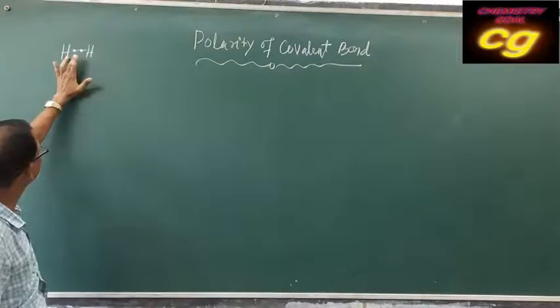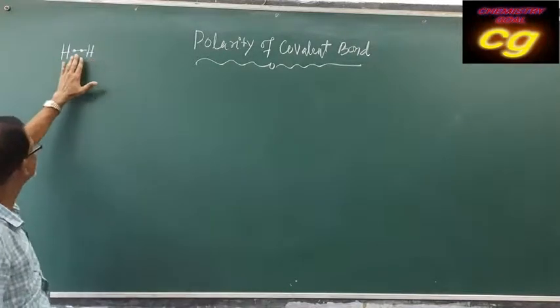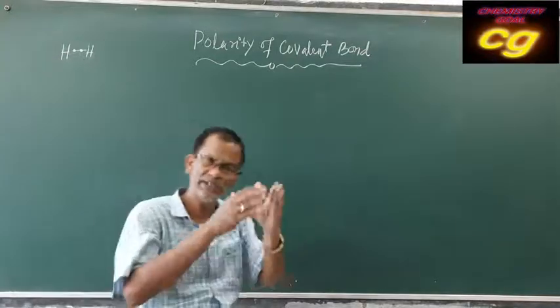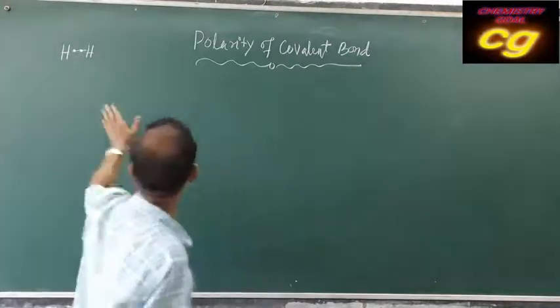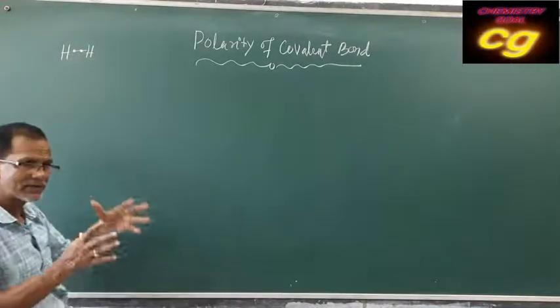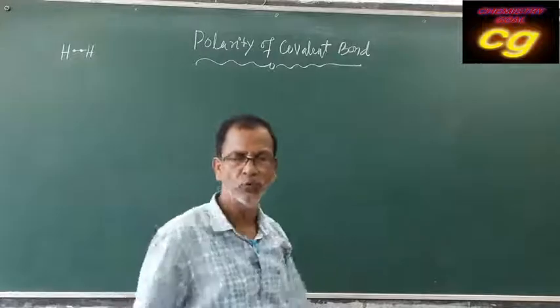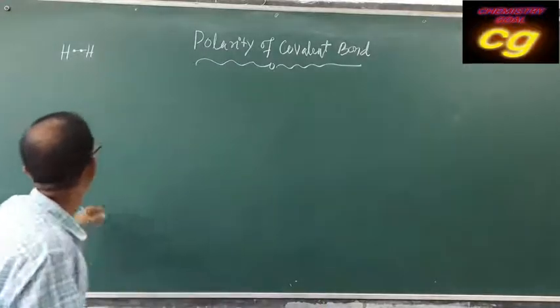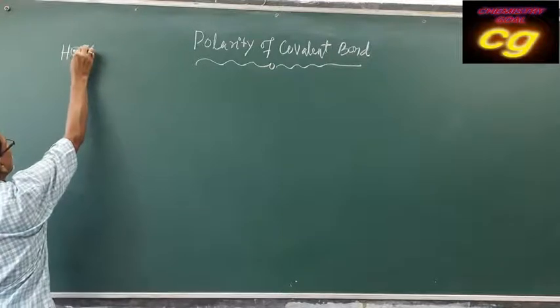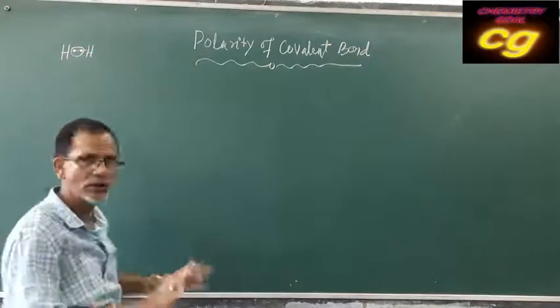So these two electrons will be attracted by hydrogen, and these two electrons are also attracted by the other hydrogen. Both are attracting the bonded electrons with the same force. So the bonded electrons are attracted equally by both atoms, and they remain at the center of the two atoms.